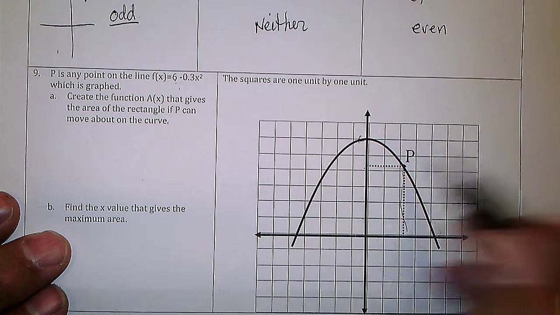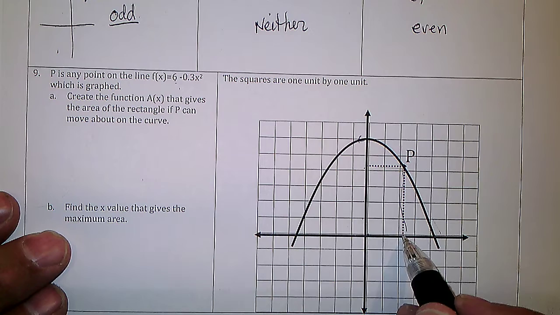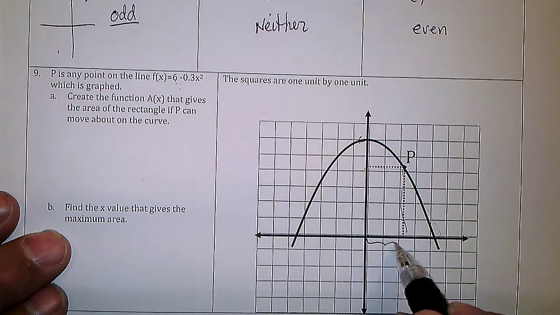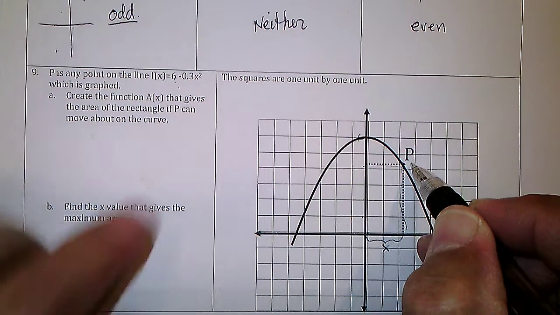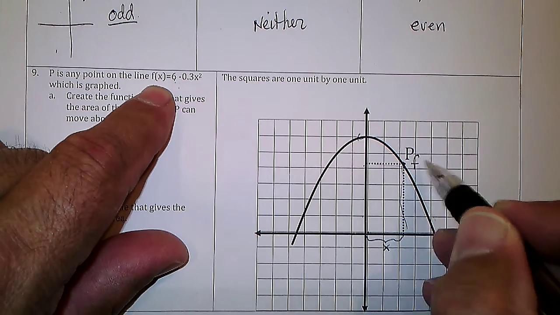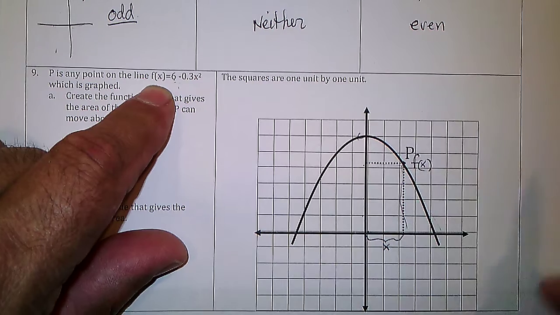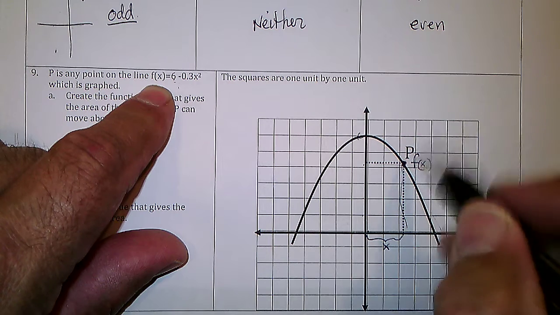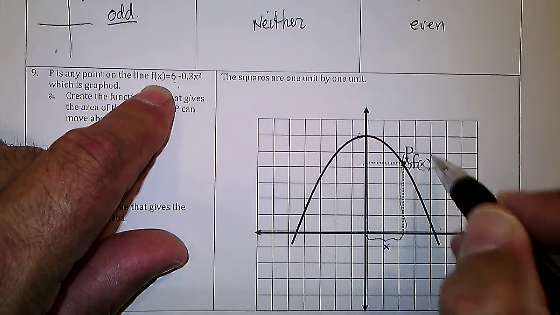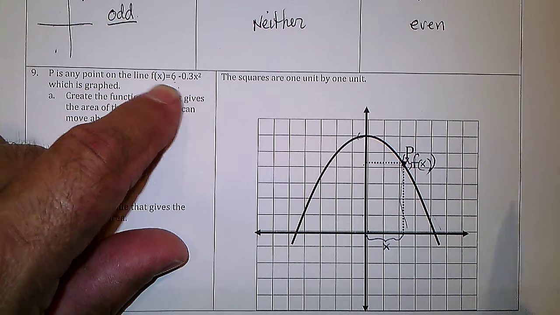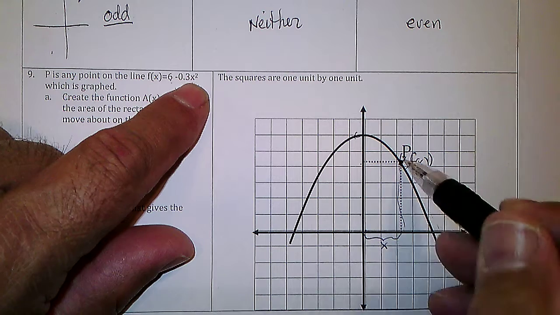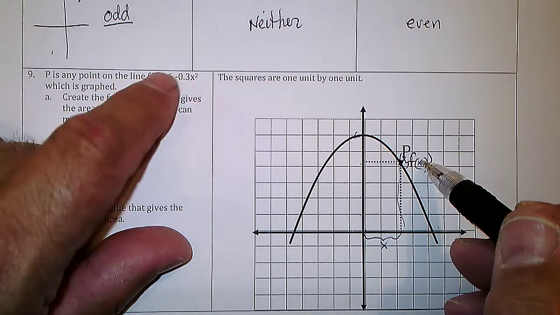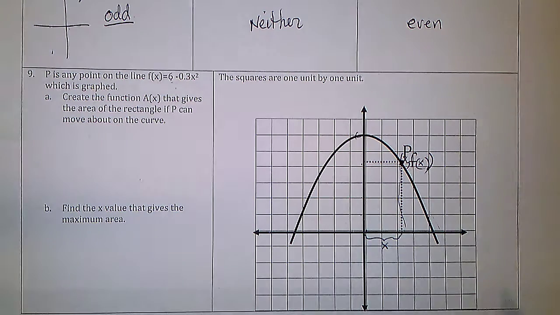Well, this point is over some x value. This length is x. And the height would be f of that x. The coordinates of this point are x, f of x. X, whatever value, if you were at 3, you'd put 3 here and then find the 3 in this equation to find the y heights.